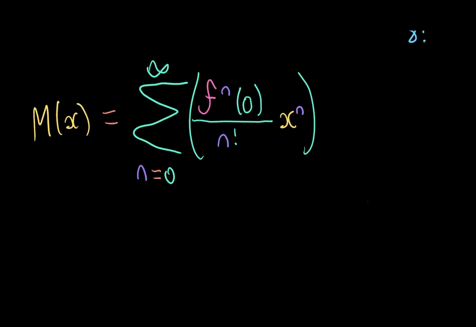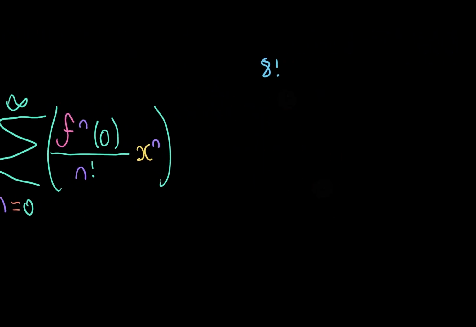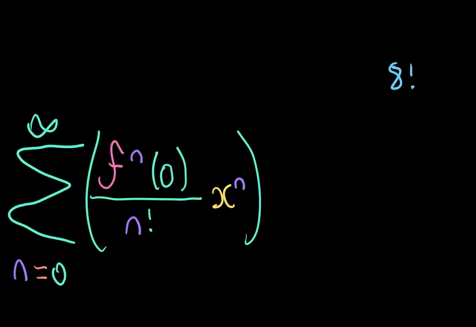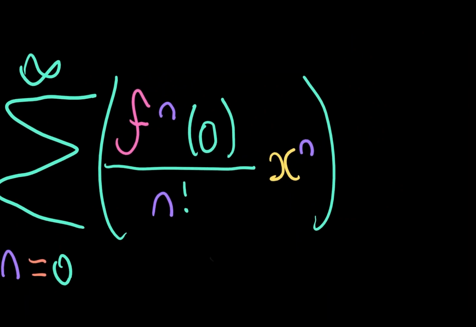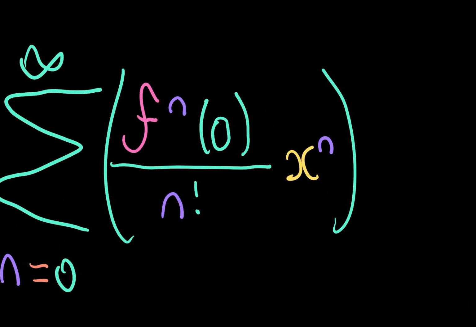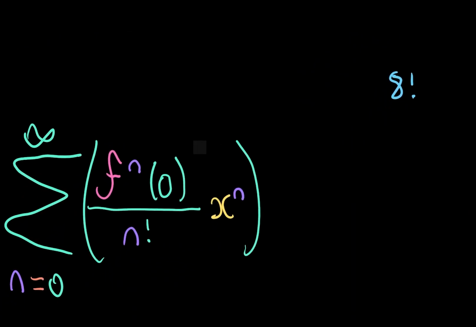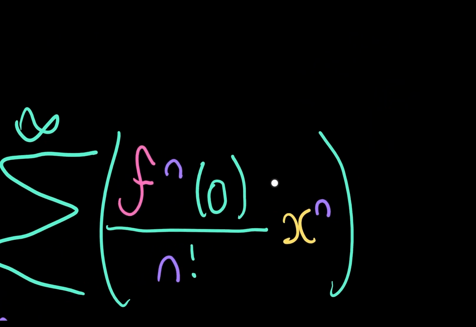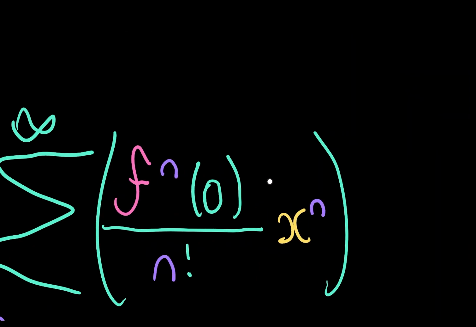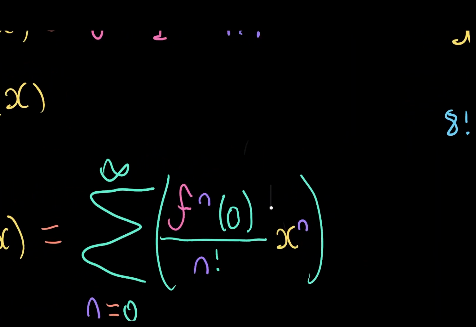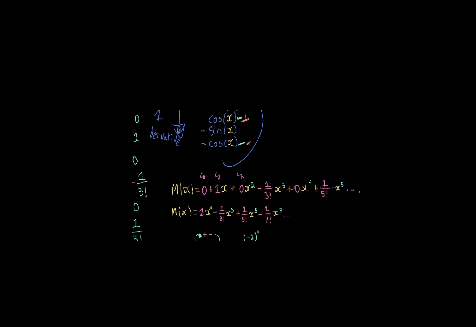Okay. So what does this mean? So again, this idea of your power rule poisoning it, that's why this n factorial down here is there. So it can cancel out all that poisoning that's occurring every time you take the power rule. And this f to the nth derivative of 0, remember how we said we were centered on 0 for Maclaurin series, right?